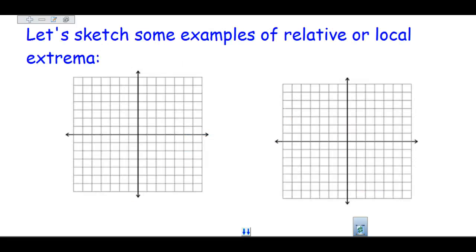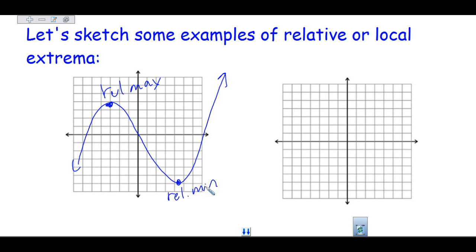Just to make sure that we're clear on what I mean by relative or local extrema, I'm going to go ahead and sketch out maybe your more typical polynomial function. So we would refer to this as a relative max, and we would refer to this as a relative minimum. Sometimes they're also called a local minimum or maximum.